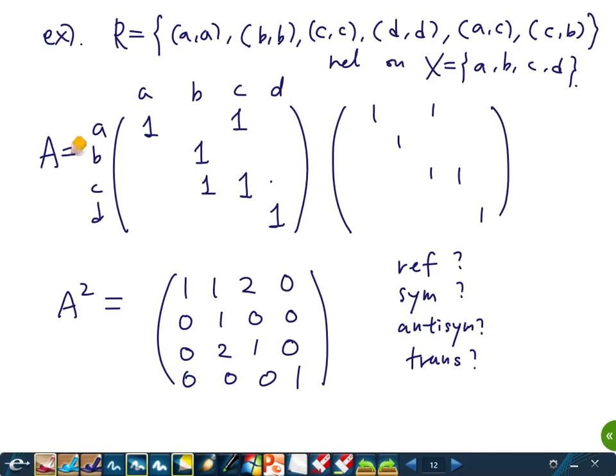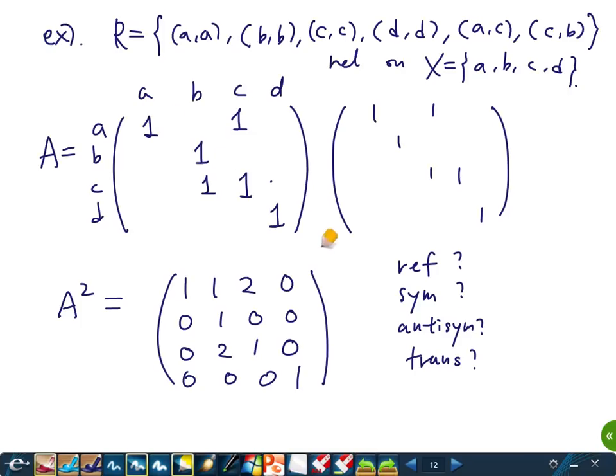If you know A and A squared, it is quite simple. Is this reflexive, by the way? Suppose you are given a matrix. How can you determine whether the relation is reflexive or not? What's the definition of a reflexive relation? x comma x must be there for every x. x comma x is on a diagonal entry.